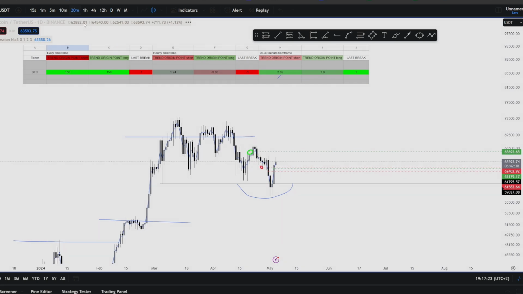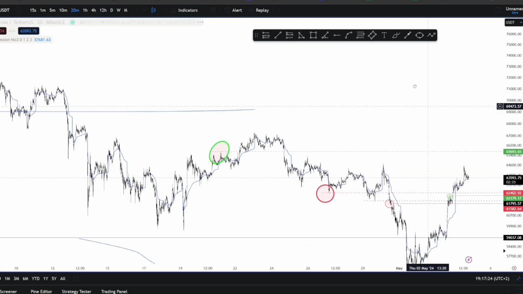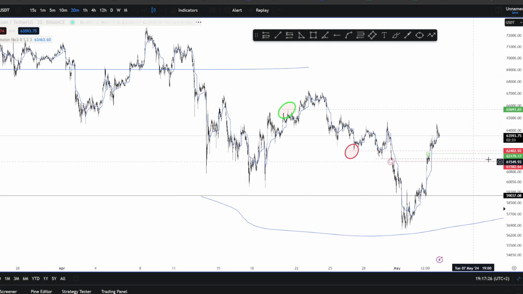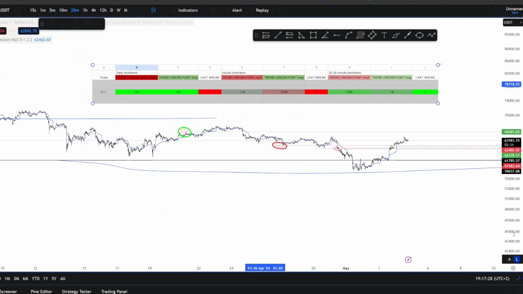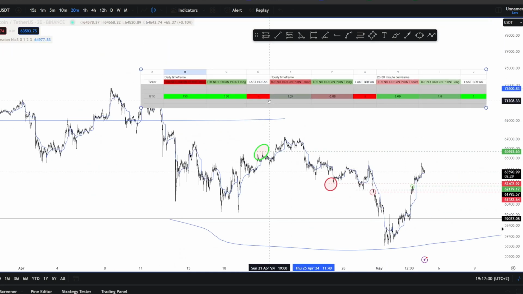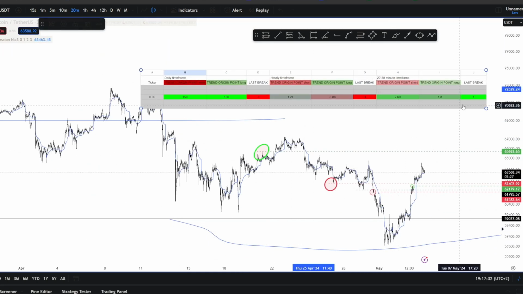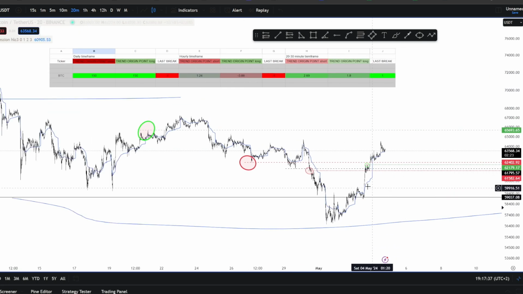So if we zoom in again, as we said, at this point right here, everything would have lit red until here. Then at this point right here, that would be the first bullish break on the smaller time frame.